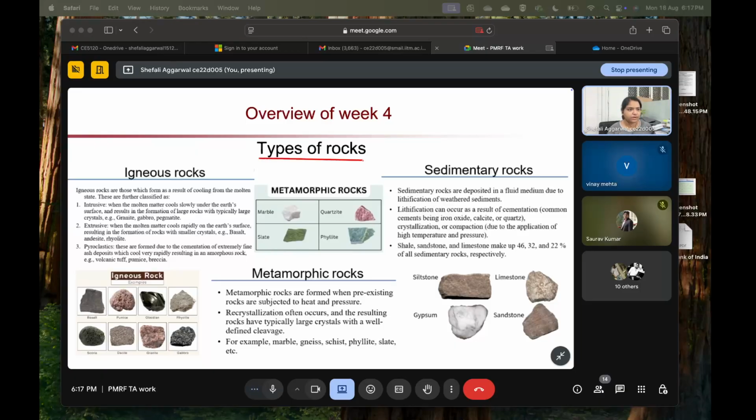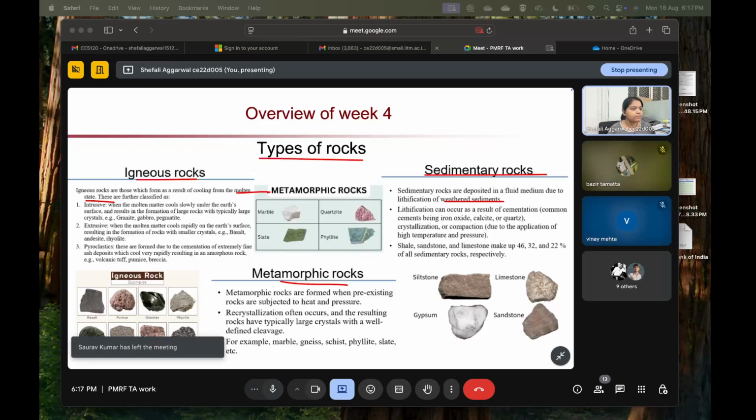We have 3 different types of rocks: igneous rocks, sedimentary rocks and metamorphic rocks. Igneous rocks are from molten material, sedimentary rocks are deposits of weathered sediments from rivers and the like, and metamorphic rocks are pre-existing rocks subjected to heat and pressure, and recrystallized.